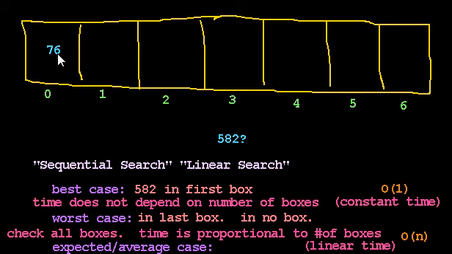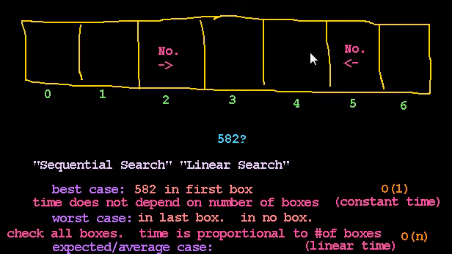So we'll just erase these values, and we'll look in a box. Let's say we look in box 2, and we check, is this 582? And we get the answer no, but if 582 appears somewhere, it's somewhere to the right. So let's try another box. Let's try box 5. We find the answer is no, 582 isn't there, but if it is somewhere, it's somewhere to the left.